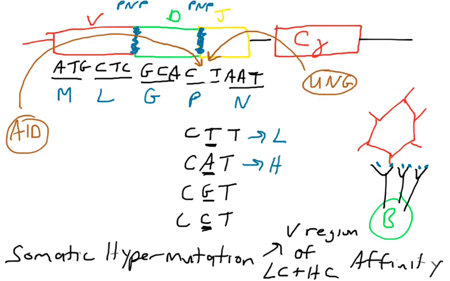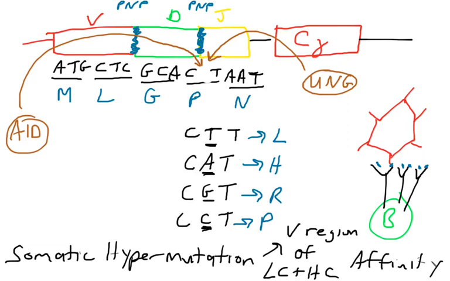If it puts in an A, now the codon reads for a histidine. If it puts in a G, that would read for an arginine. If it puts a C back, by accident or whatever, it puts in a proline. So we have changed one nucleotide in the variable region, which might change one amino acid in the variable region, which might significantly change the three-dimensional structure in the antigen binding site.